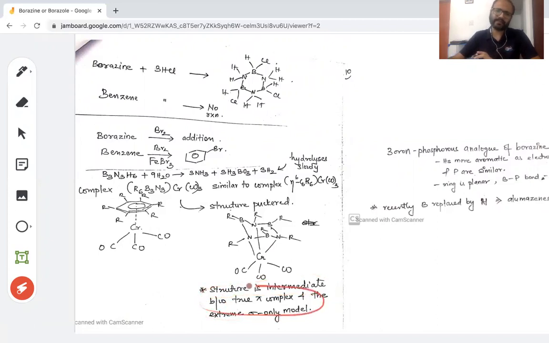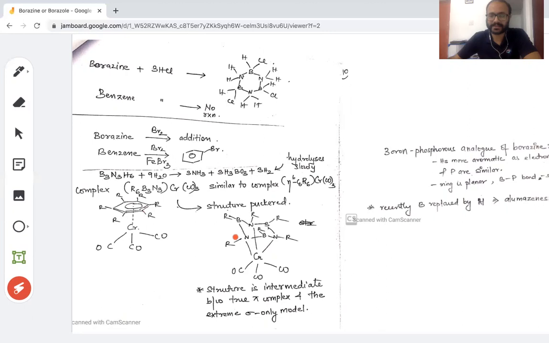After a long study, it was found that we don't have an exclusive pi complex in the case of borazine, but rather an intermediate state where it forms a sigma bond as well, though there are chances of pi bonding also forming. Since sigma bonding is also present, it is completely different from the usual benzene system that you find in organometallic compounds. About these compounds, you will probably learn in coordination chemistry. At that time, you will know what these pi complexes are.